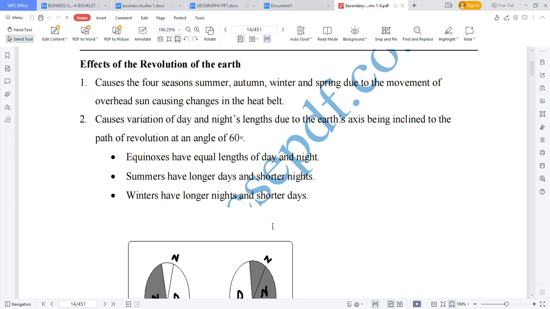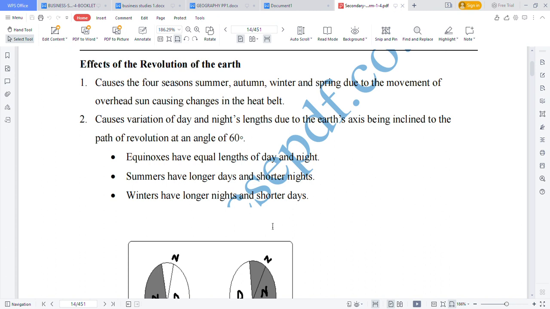It causes four seasons, summer, autumn, winter, and spring, due to the movement of overhead sun causing changes in the heat belt. It causes variation of day and night lengths due to the Earth's axis being inclined to the path of the revolution.